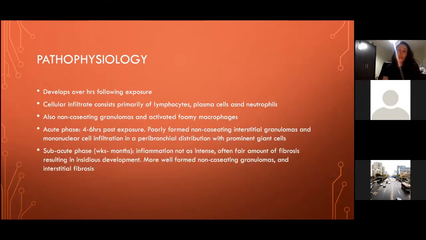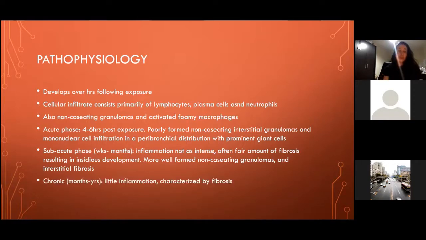Then you've got a subacute phase, and that's generally weeks to months after exposure, where the inflammation isn't as severe, but there's often a fair amount of fibrosis, which can result in a more insidious development. The granulomas that are formed here are more formed, and you can also get some interstitial fibrosis.